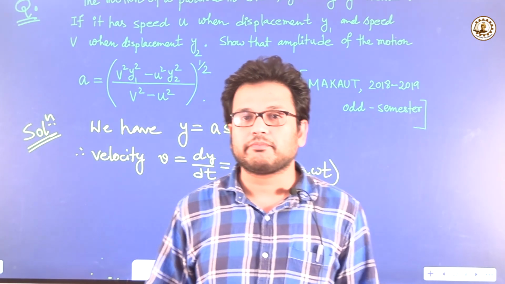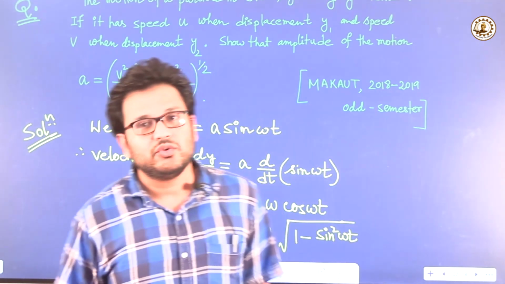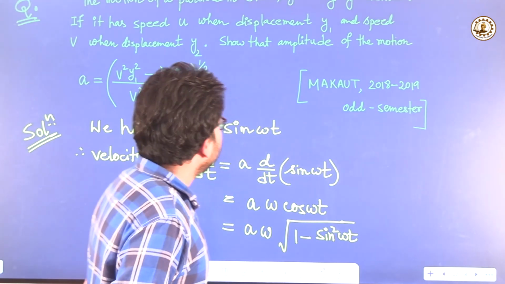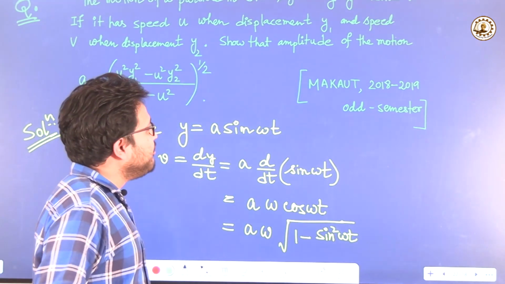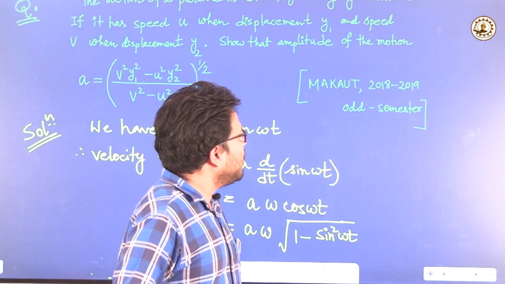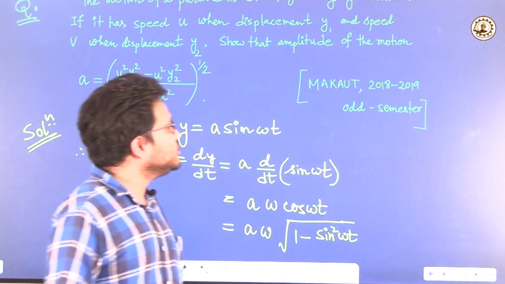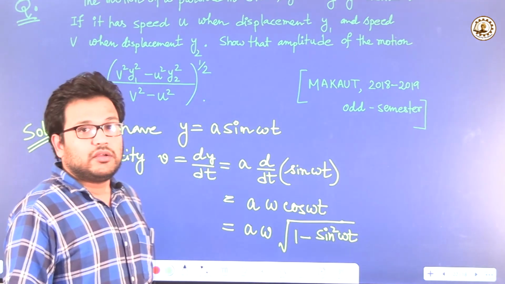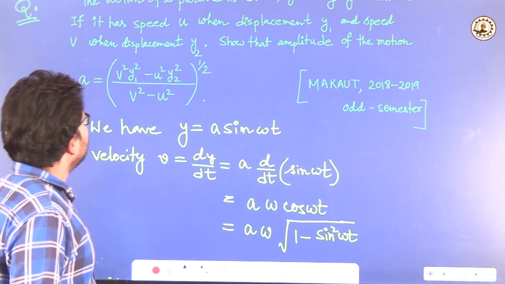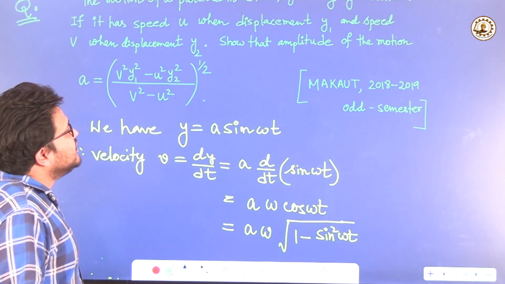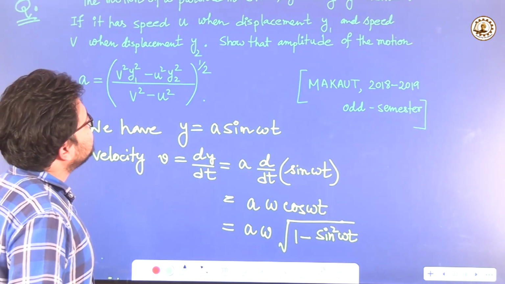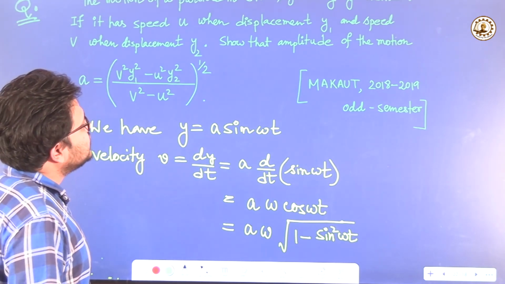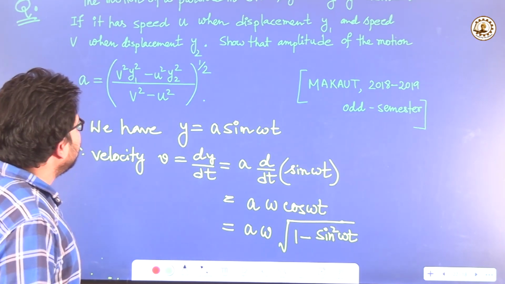In today's class, we will solve a problem related to simple harmonic motion that came in the MAKAUT semester exam, 2018-19. The question is: the motion of a particle in simple harmonic motion, SHM, is given by y equals a sin omega t.